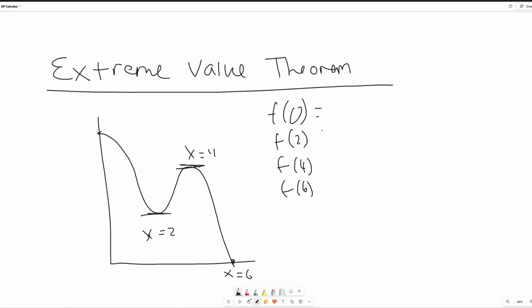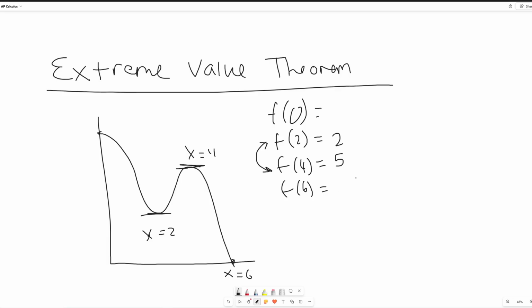So, it will say that on the interval from 0 to 6, this function is defined as whatever. When you find the critical points of that function by setting the derivative equal to 0, you'll get 2 and 4. When you plug 2 and 4 back into the original function, you will get your relative minimums and relative maximums. So here, let's say the f of 2 is 2 and f of 4 is 5.